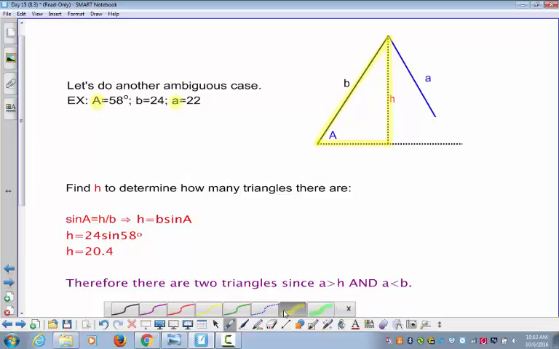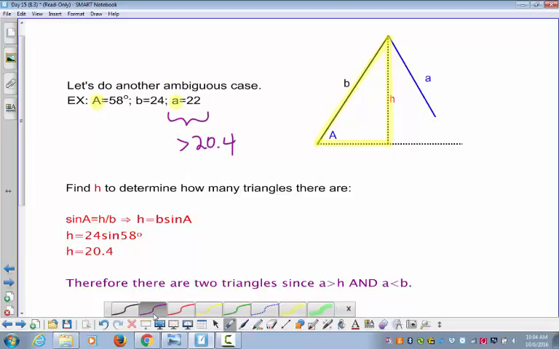Solve for h, plug in our numbers, and we get that the height's 20.4, and we see that that second side is greater than 20.4, and it's less than 24. So that tells us that we have two triangles.